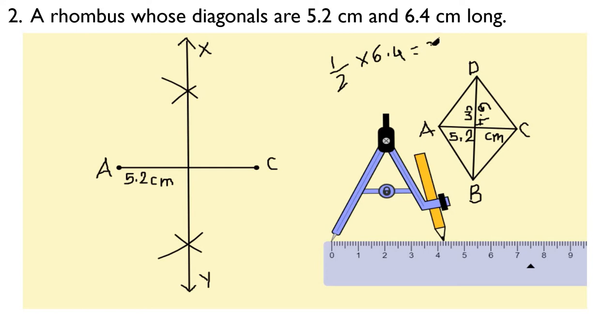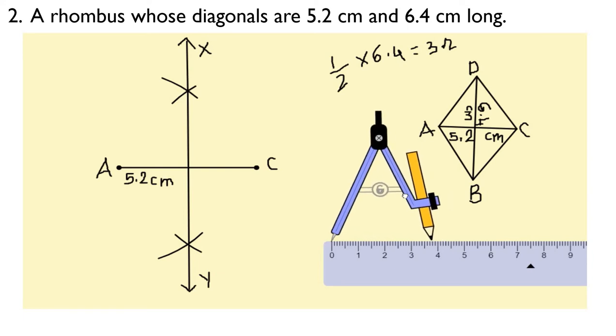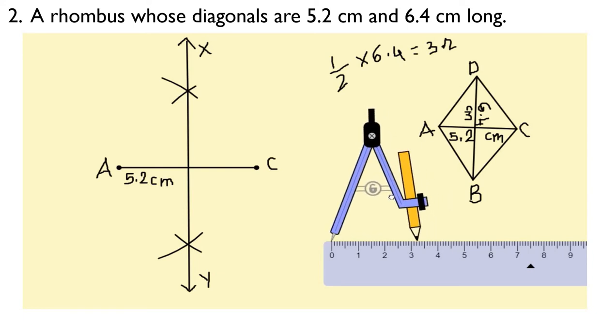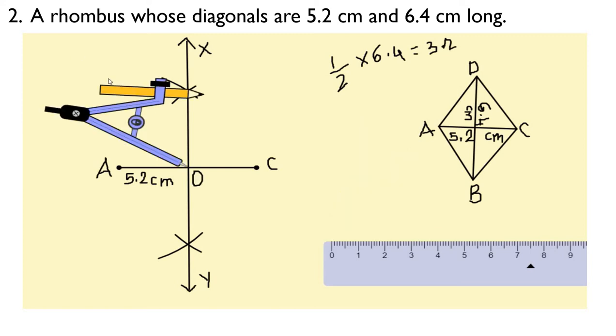So again with the help of compass, we take the measurement as 3.2 centimeter, and selecting the midpoint of line segment AC as center, we draw one arc above line segment AC and one arc below line segment AC on perpendicular bisector XY.